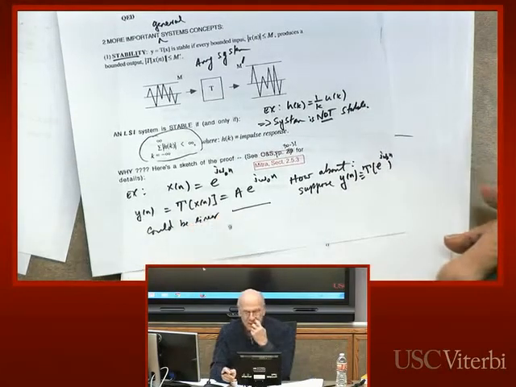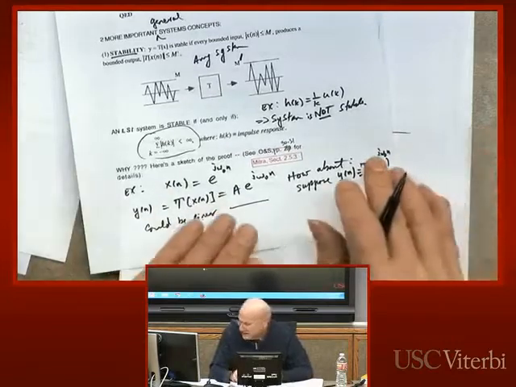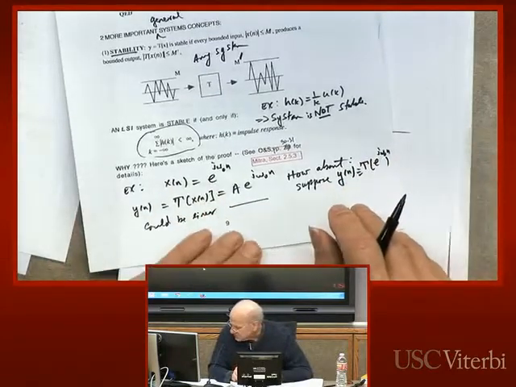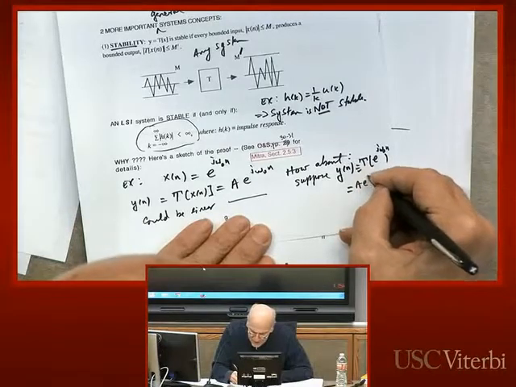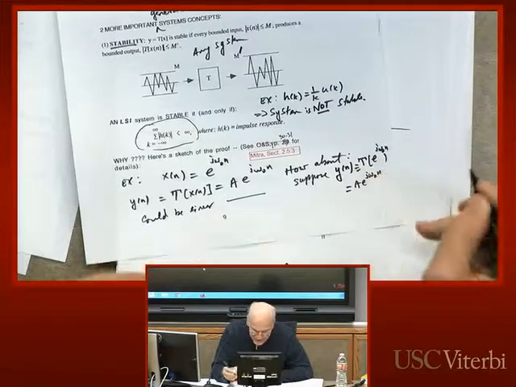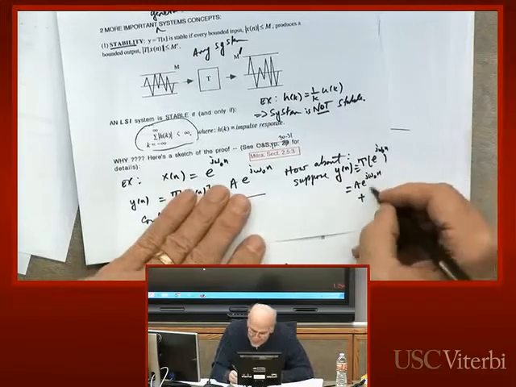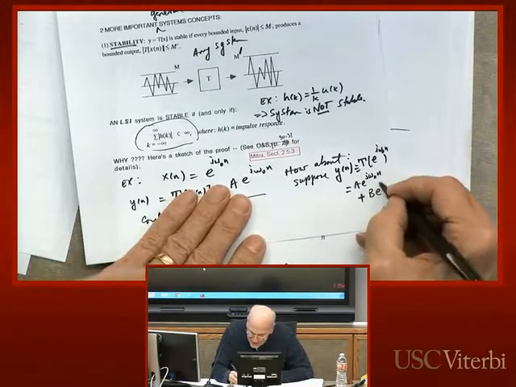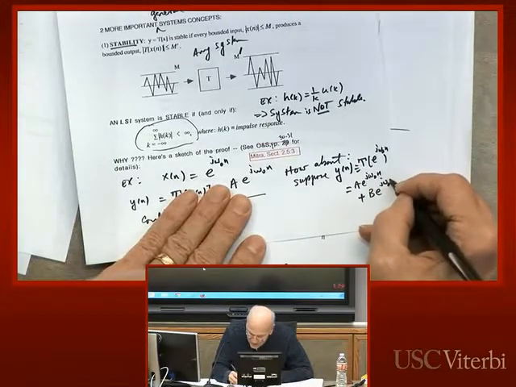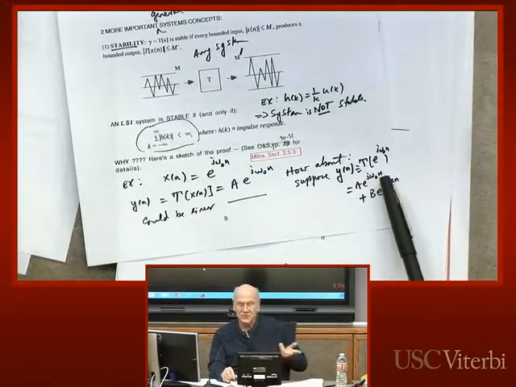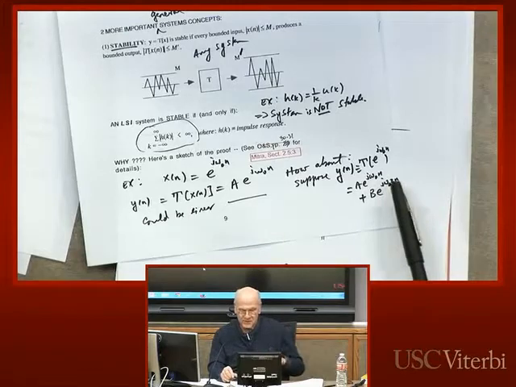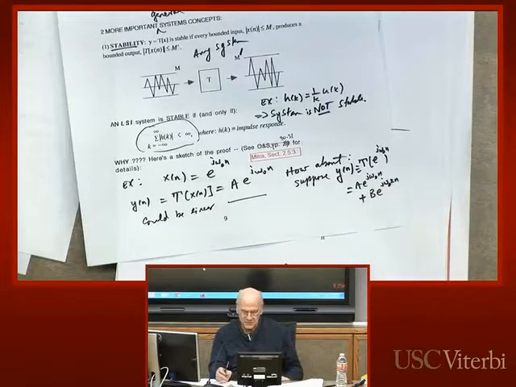This is a problem that I actually gave on an exam, a kind of true-false type question. Suppose the output were a times e to the j omega naught n, just like here, but plus b times e to the j omega naught times 2n. So it's basically a sum of two sine waves. The frequency of the second is double the frequency of the first.